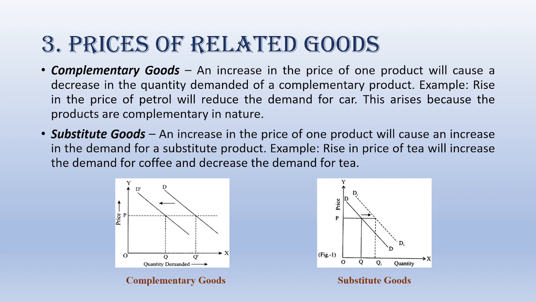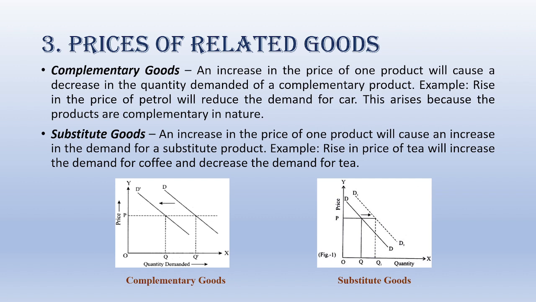With the increase in the price of petrol, as you can see, the price of the car has not increased. So in the first picture, in the case of complementary goods, the price of the car remains the same. But due to the increase in the price of petrol, the demand for the car will decrease, and the demand curve will shift from D to D dash. That would be a leftward shift.